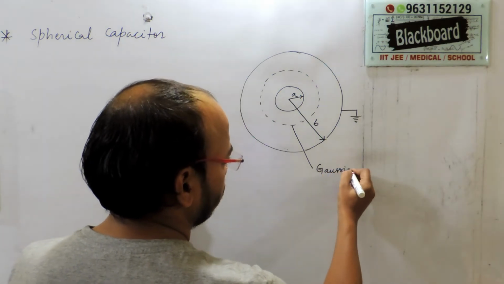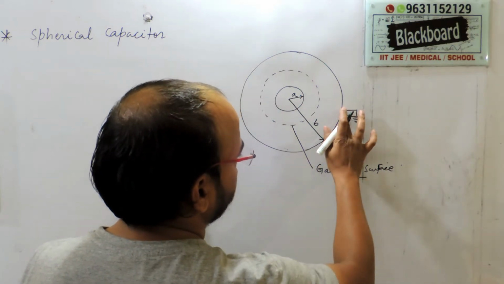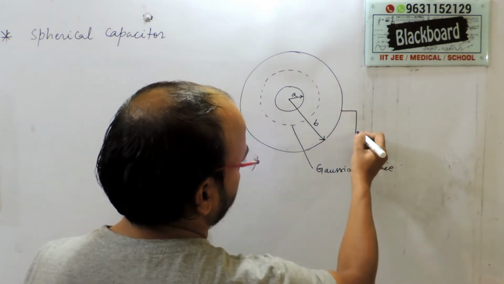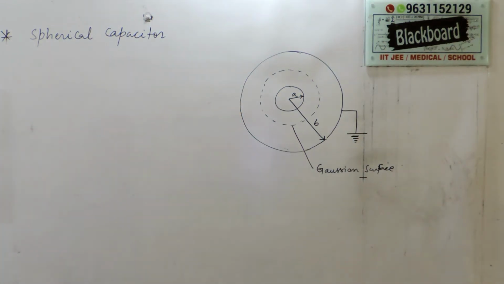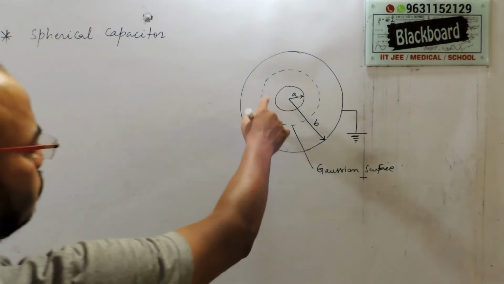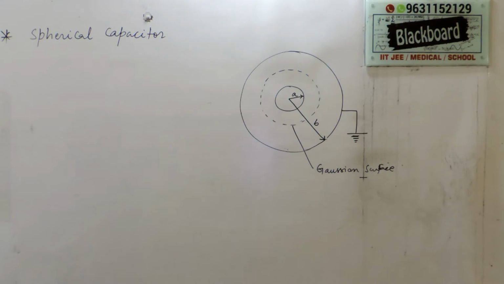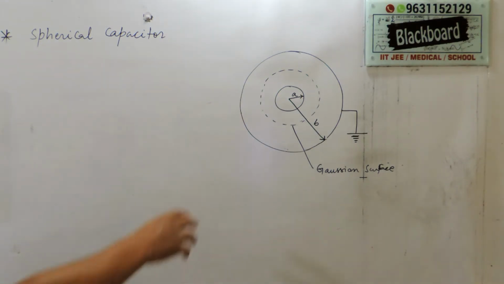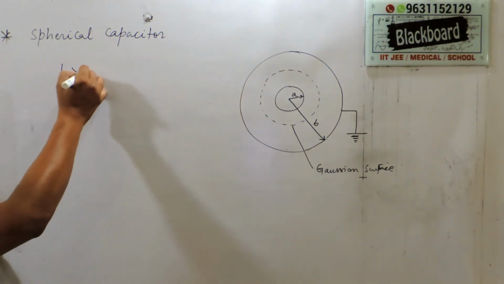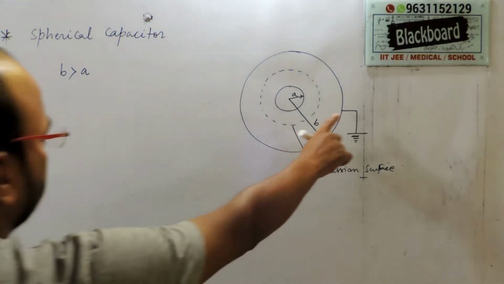The bigger shell is earthed. The spherical capacitor consists of two concentric spherical shells of radius a and b, where b is greater than a. The outer shell is earth.